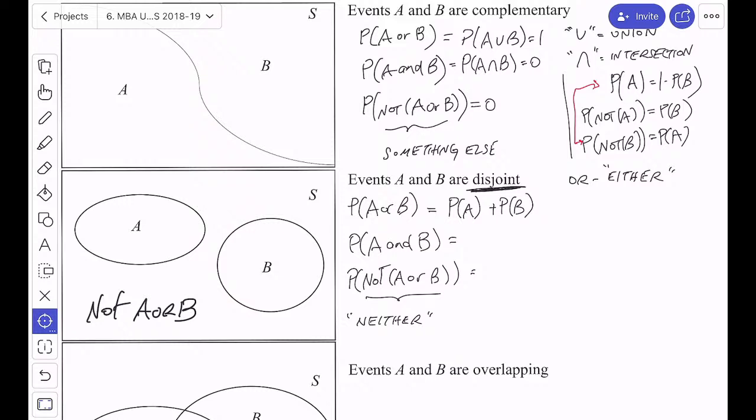Is it possible that A and B happen at the same time? No, because they don't overlap. So what's the chance? What would this probability be? This will always be 0 for disjoint events.